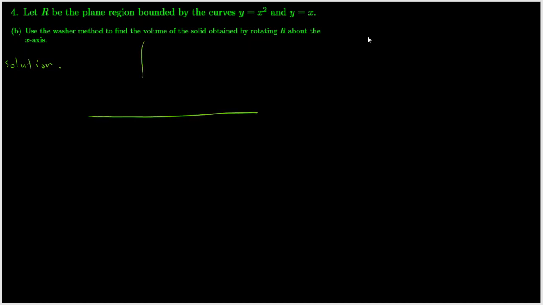I will try to make the sketch a little better. Okay. Now look at the mouse cursor. The whole parabola is something like that. The straight line is something like this. We just need the region enclosed by the curve and the line.